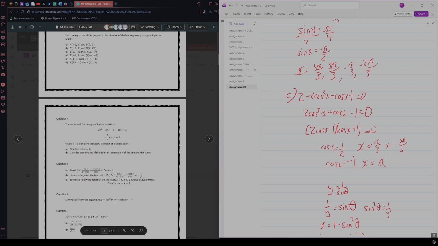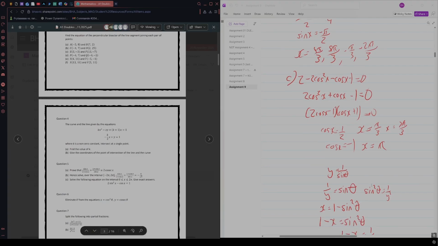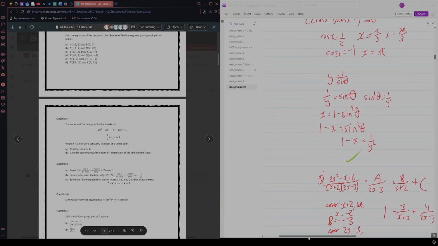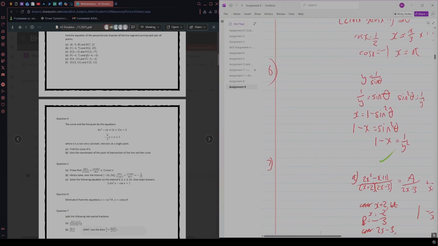Question 6. This is a parametric equation. I don't know why they asked you to do this. I guess it's just building you up to do parametric equations. Oh no, sorry, I haven't put the question numbers here.